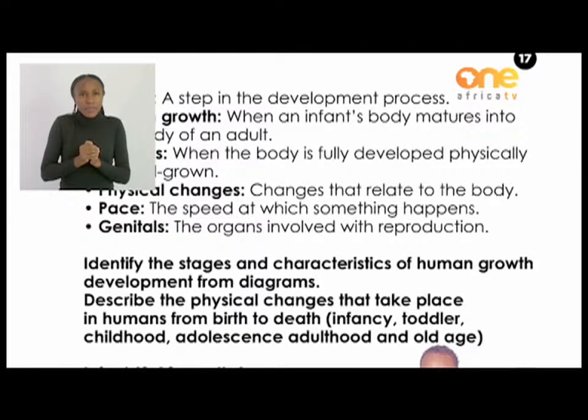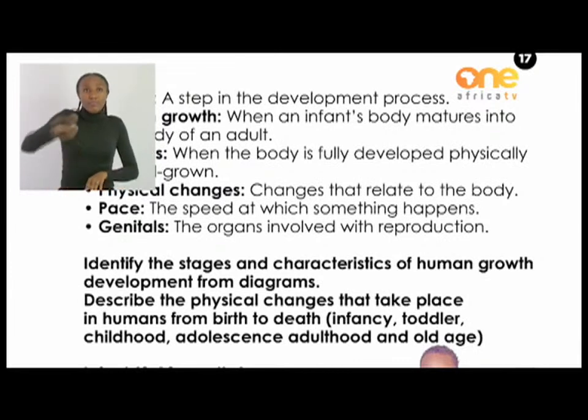Matures is when the body is fully developed. It means you become a very big person now, or a grown somebody. Physical changes. These are the changes that relate to the body. It means we can see them.